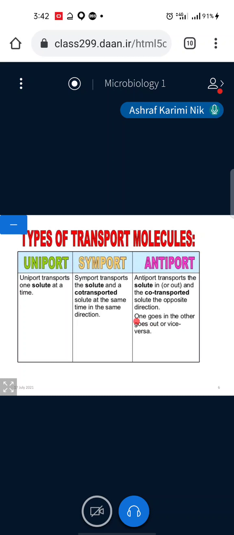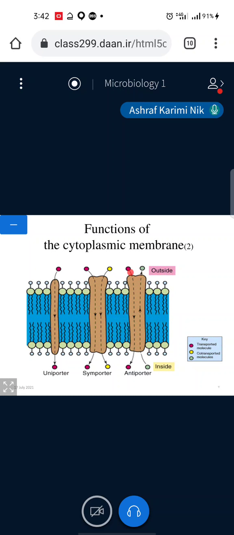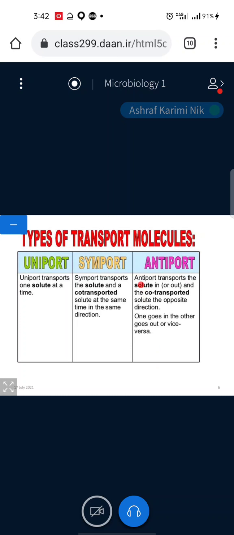It means one goes in, the other goes out, or vice versa.